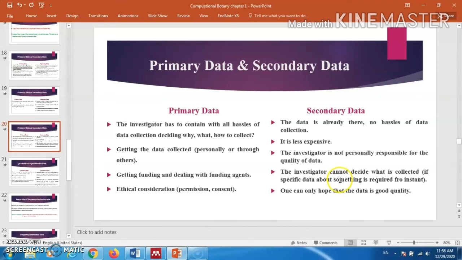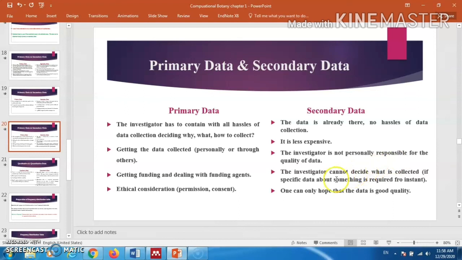So the correct way is that while using secondary data, you have to refer to that particular person's name in front of that particular data. So the investigator is not personally responsible. Whatever the data given there, whether it is good, bad, right, wrong, you are not personally responsible for that data.